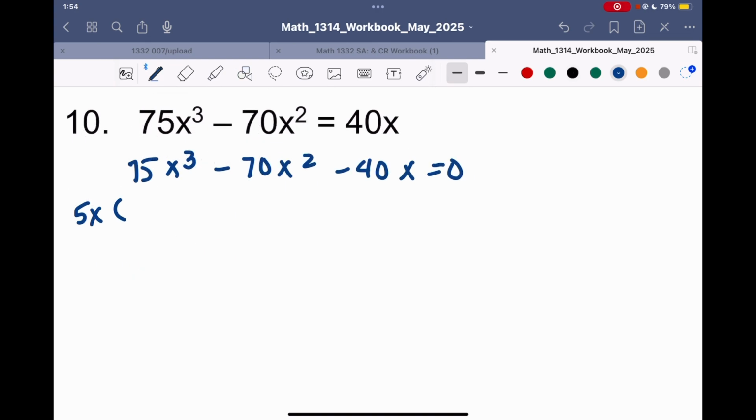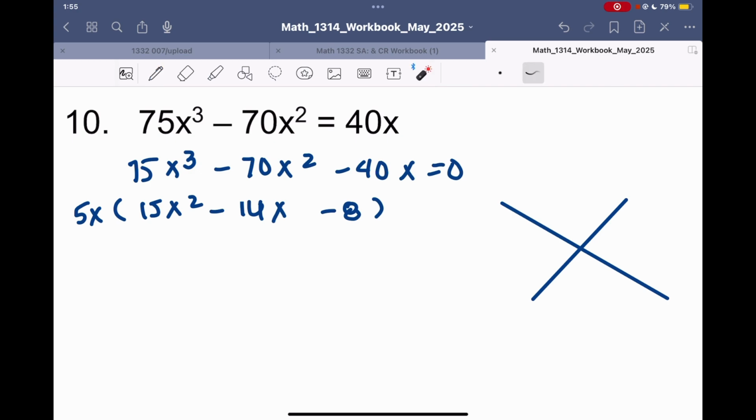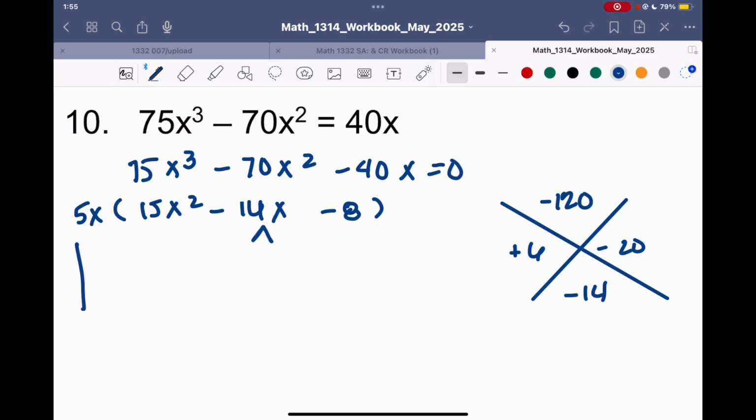So we're going to get 5x, 15x squared minus 14x minus 8. And then we're going to factor by grouping on the inside. So this is A times C, that's negative 120, and B is negative 14. So it's going to be 6 and negative 20. We're going to break down this here and then bring that down at the end. 15x squared plus 6x minus 20x minus 8.